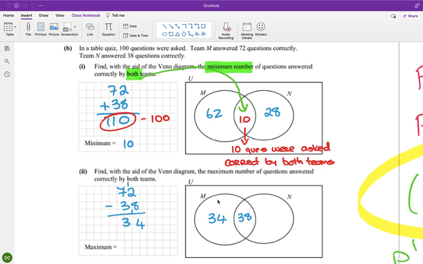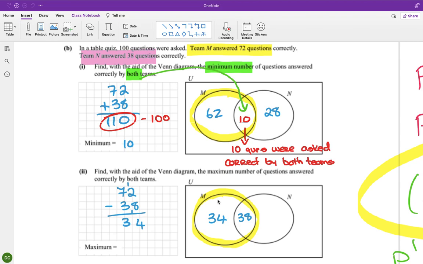So they said team M answered 72 questions correctly. In this situation, inside that yellow circle there are 72 correct answers, 62 of their own and 10 shared. And down here there are 72 correct answers, 34 of their own and 38 shared. Then make sure we follow the other one, which is that team N answered 38 questions correctly.